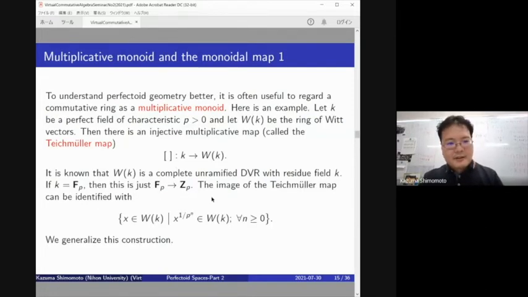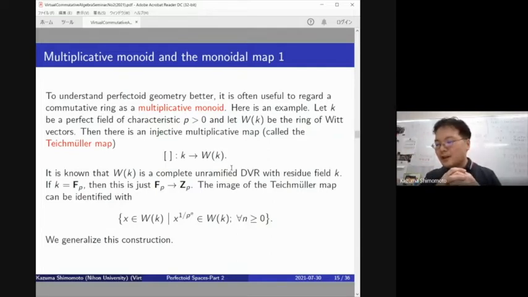Here is also one thing I really want to bring to people's attention when you study perfectoid geometry. In my understanding, perfectoid geometry has many aspects. One aspect is, of course, that it involves quite huge ring extensions.